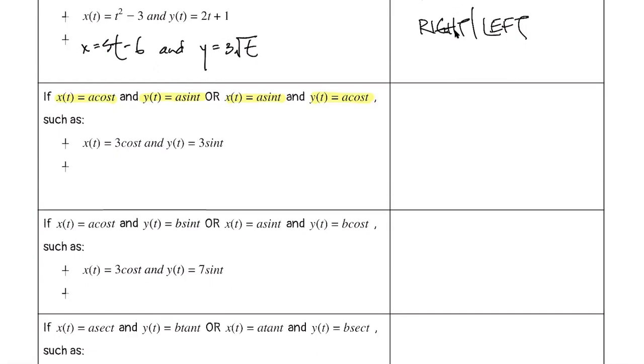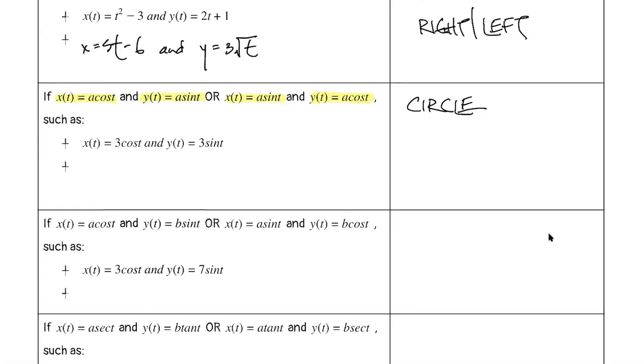Kind of headed in the right direction. Yeah, it's the direction in which we draw that graph. So the direction is going to be different if I have x as cosine or x as sine, but it won't change that the shape is going to be a circle. Now, the key here, though, is that the numbers in the front, those coefficients, have to be the same.